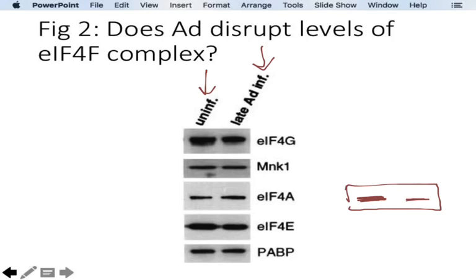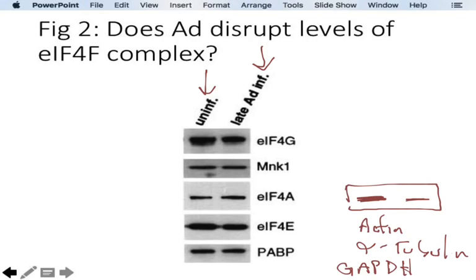Common ones would be proteins like actin or alpha-tubulin or GAPDH, which is glyceraldehyde 3-phosphate dehydrogenase, something that's involved in glycolysis.